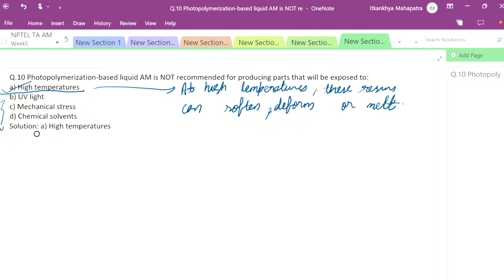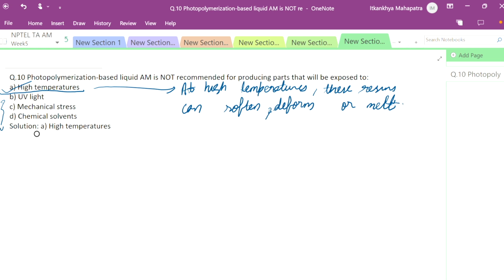Now, mechanical stress: while some photopolymer parts may have limitations in terms of mechanical properties, they can be designed and selected for applications involving mechanical stress to a certain extent. Next, these can be susceptible to certain chemical solvents that can degrade or dissolve the resin depending on the specific type of resin used. However, this is separate from the concern of exposure to high temperatures.